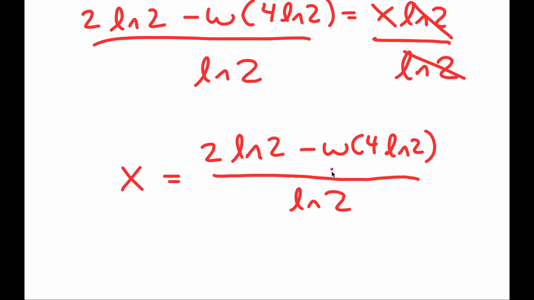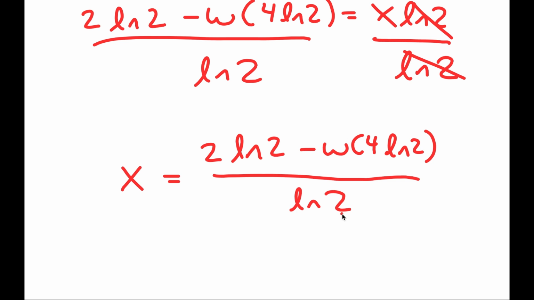Now, we aren't done yet, because we still have to simplify this. What I can actually do is plug this into a calculator such as Symbolab. You can also find the individual values of each of these: find the value of 2 times ln 2, subtract that from the value of W of 4 times ln 2, and divide that by ln 2. But I'm just going to make it easier by getting the exact value.